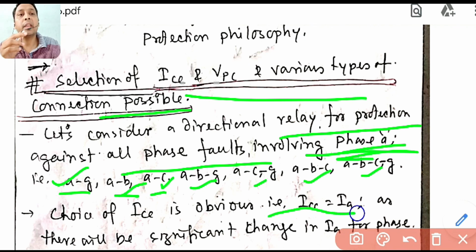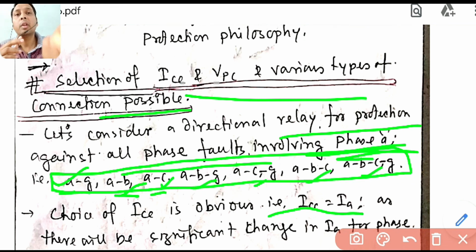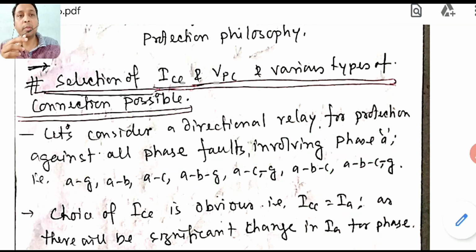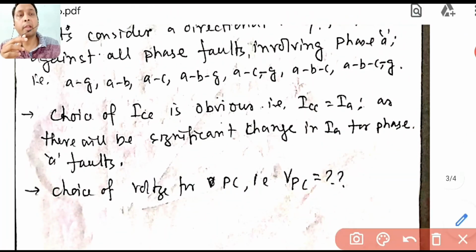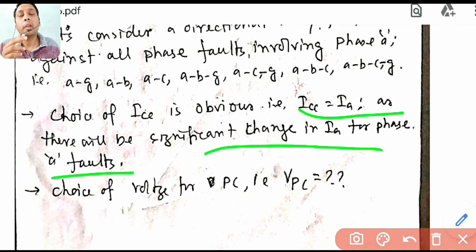Obviously you will choose IA, because IA is going to change very high: every fault will increase your IA at least. It may increase others also; in case of line to line, it may increase IB also. But A will always be there. So for the current coil, I will choose the current of phase A, because there will be a significant change. Now, what should be the change of VPC?